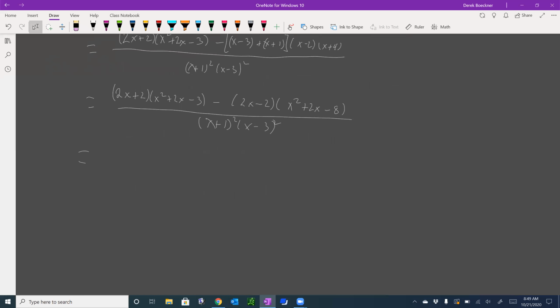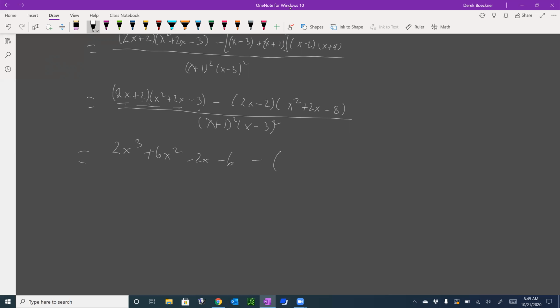Got 1 minute. Let's boil this out real quick. 2x cubed. How many x squareds do I have? I've got 2 of them and 4 of them, so I've got 6x squareds, and x minus 6 of them and plus 4 of them is minus 2x, and then a minus 6.